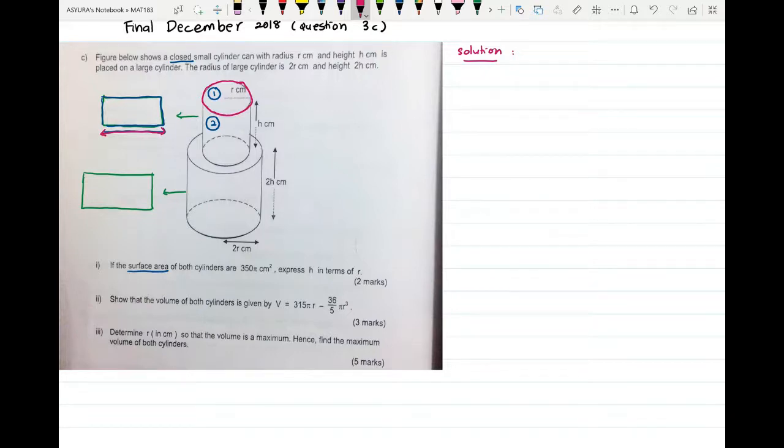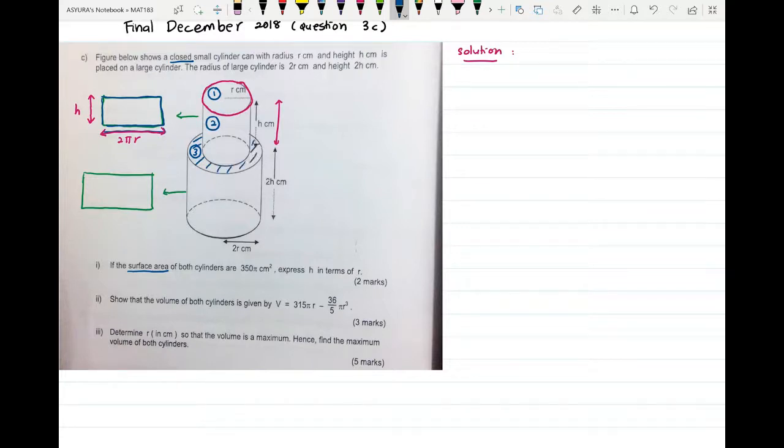So this one will be 2 pi r, and the width will be the height, which is h. Okay, and then next we have to count for this one. This is number 3.